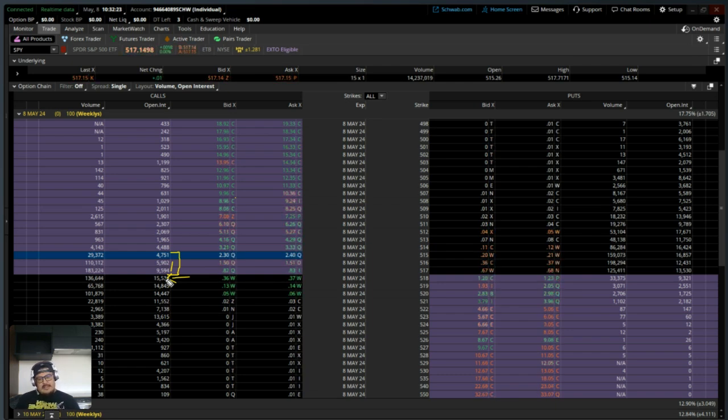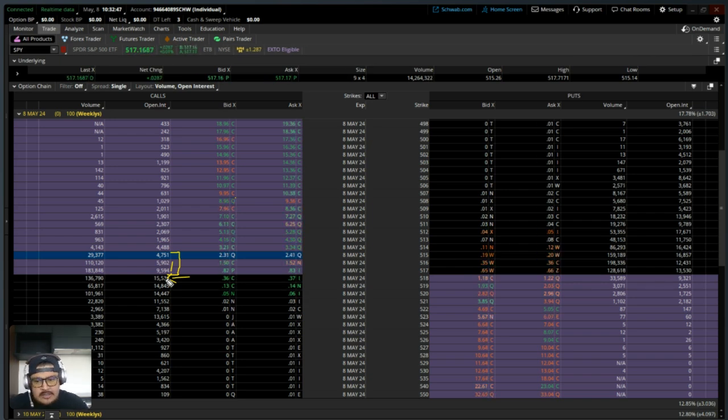For every buyer, there has to be a seller in order for there to be a transaction. So a lot of us are thinking from the way of flow trading that if someone buys a lot of calls, it's very bullish, that it's going to go to those levels. That's mostly correct. But the bigger traders, the bigger institutional market maker and hedge fund type traders, started using that against us retail traders.